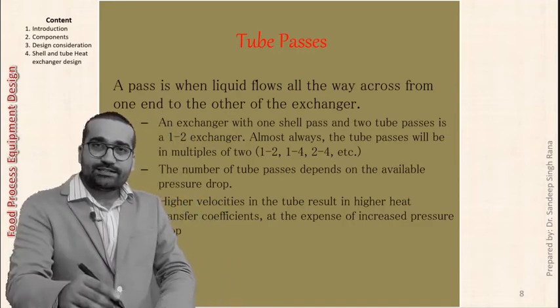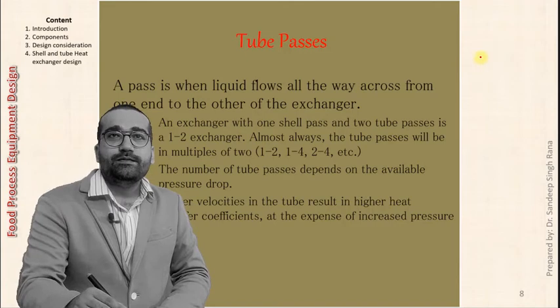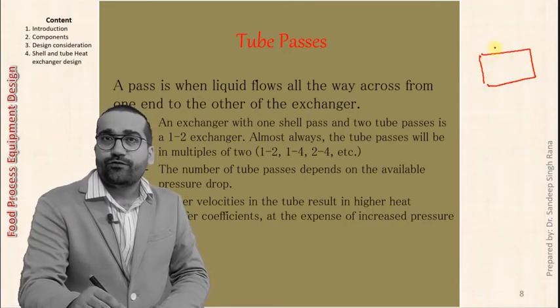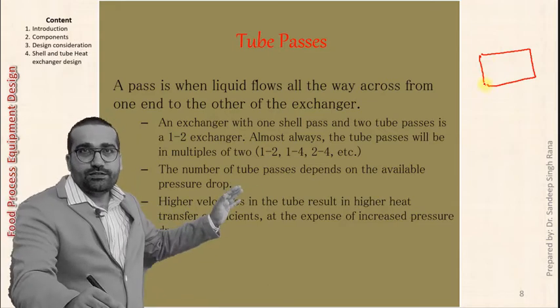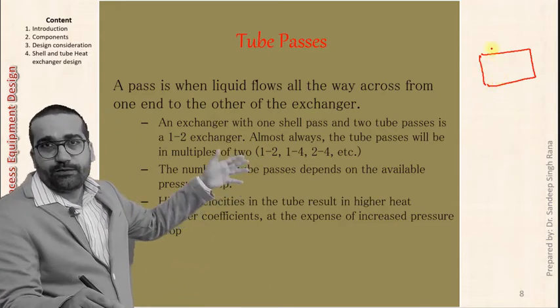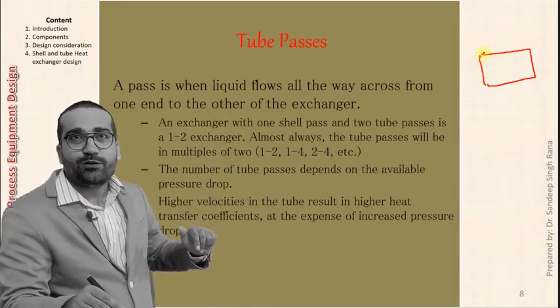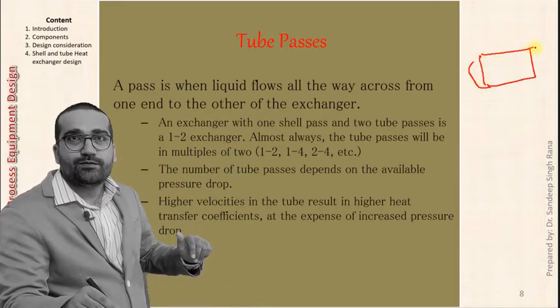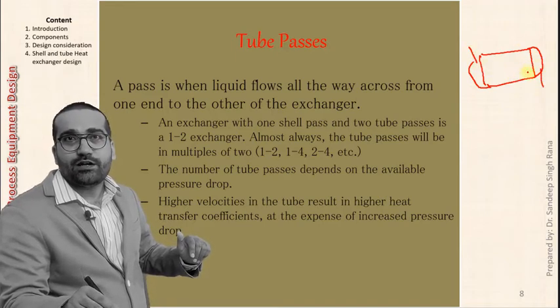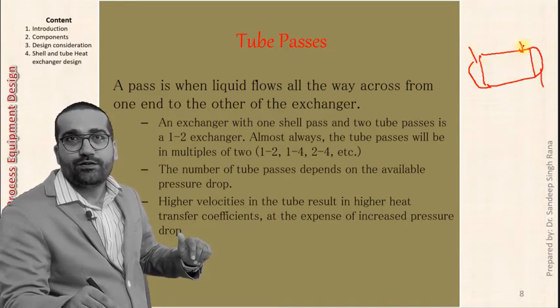For that, let us take an example. Suppose this is the shell of a shell and tube type heat exchanger. We have to make tubes now. This is one end. This is the outlet for the tube. This is the inlet for the shell. This is the outlet.